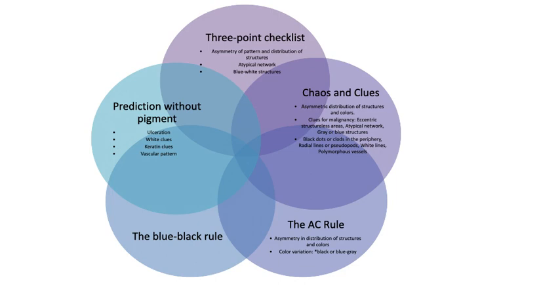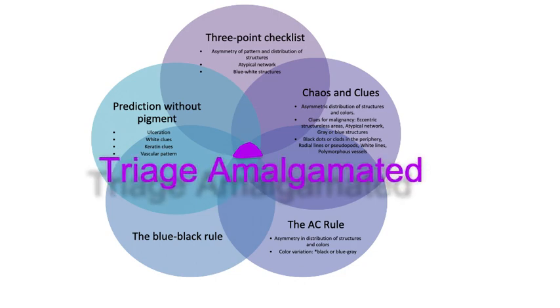So based on their strengths and key criteria, what TADA did is take the best of each one of them, their strengths and the key criteria that suggest malignancy, and integrate them into one amalgamated triage algorithm. So that's where TADA comes from.